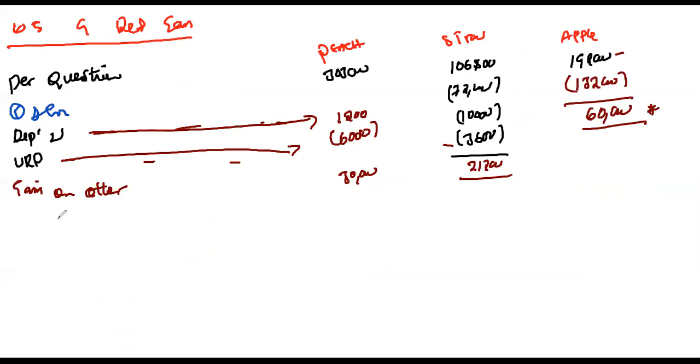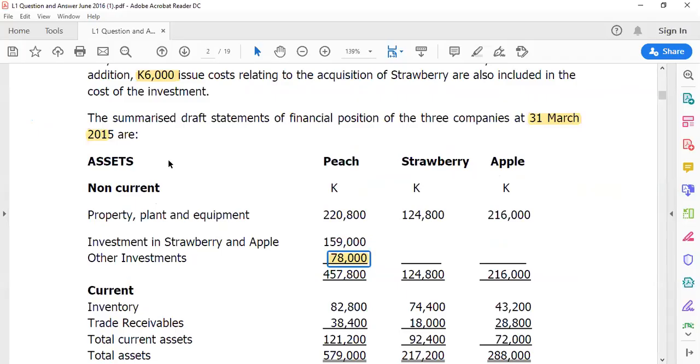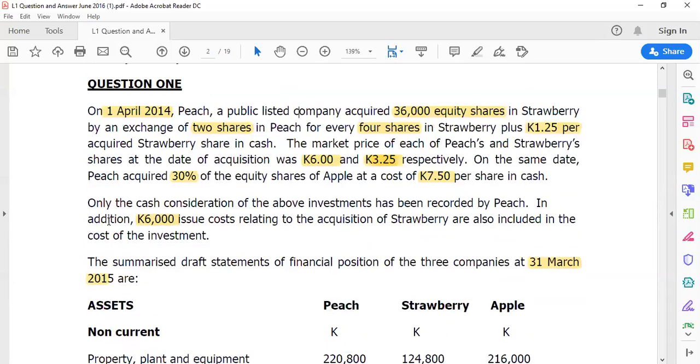Okay. So now, what else do we have? Remember something else? There were some issue costs. If you don't count properly, you can think you bought at a price lower than the fair value. This cost, the 6,000. So in the exam, by the item, highlight and write what things are supposed to go in the question. So in addition, there was the 6,000 issue costs.